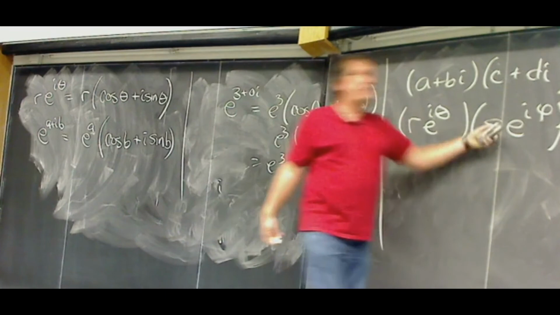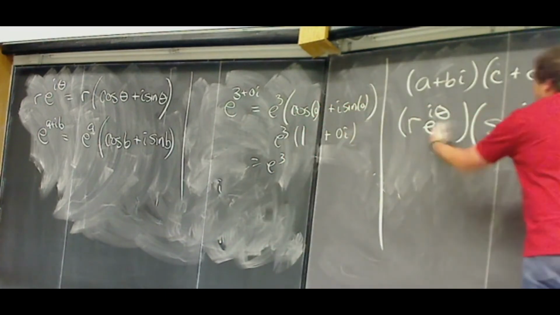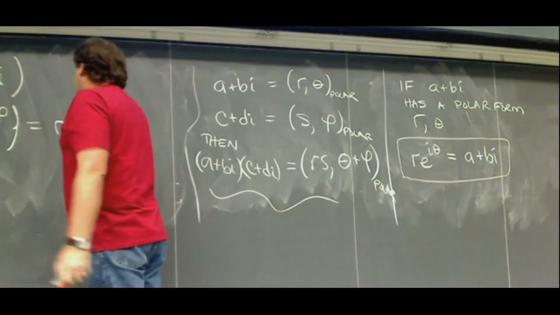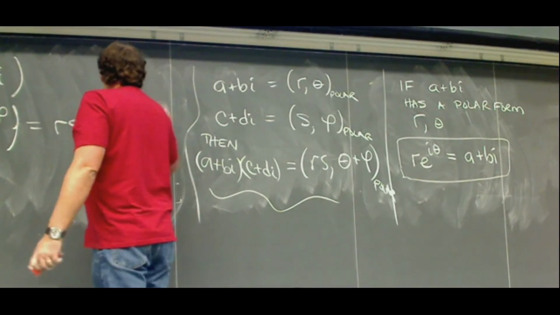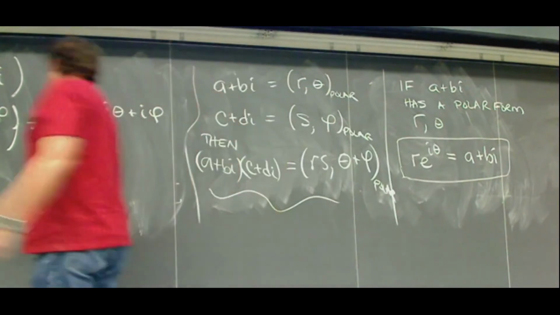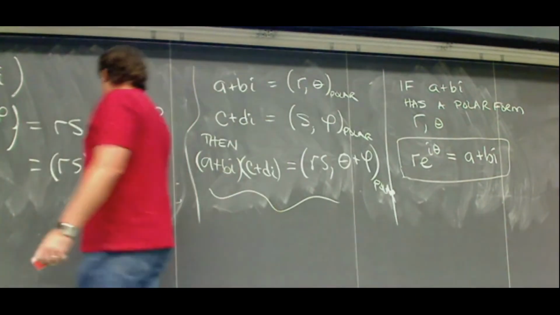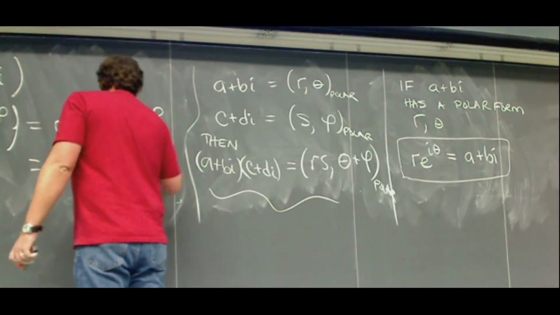So r times s is rs. And e to the, what happens when I multiply the same base? The angles add. The arguments add. So this is that statement. We multiply the lengths, the moduli, and we add the angles.